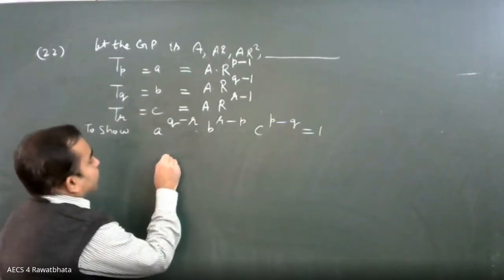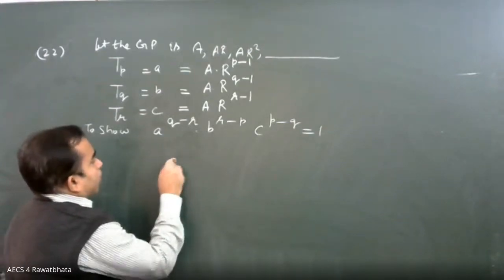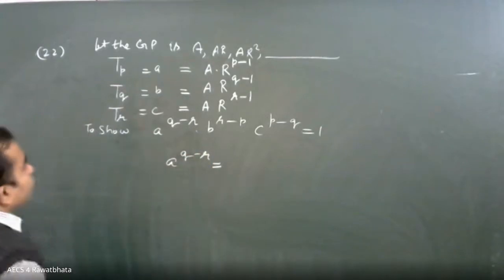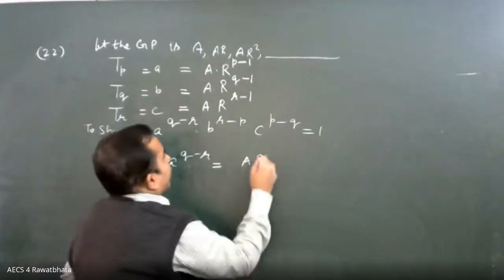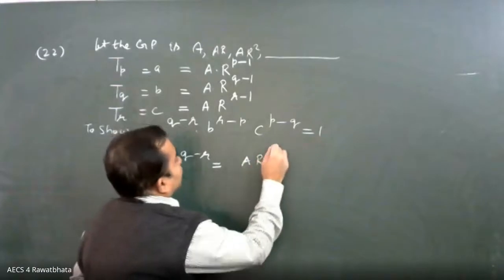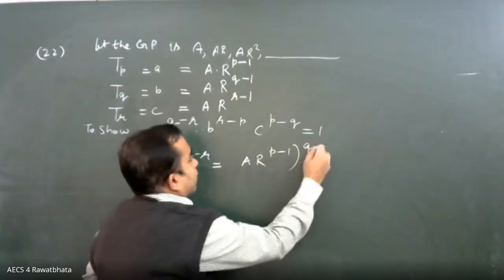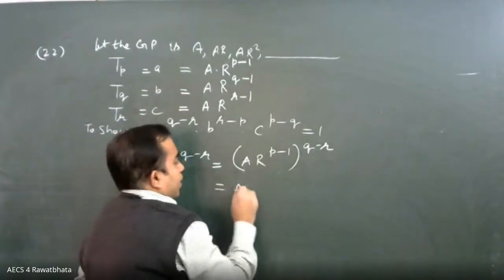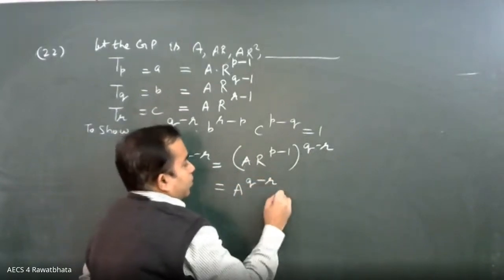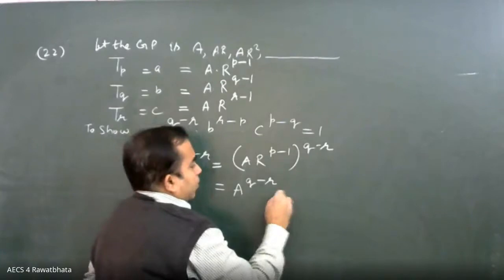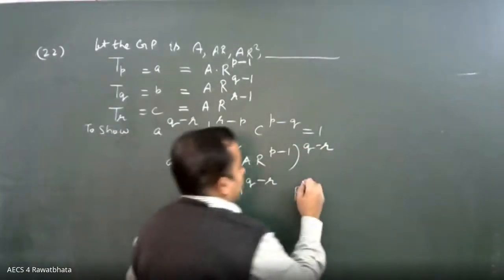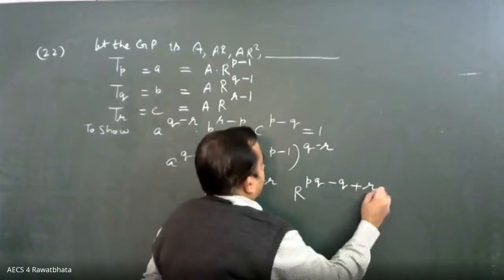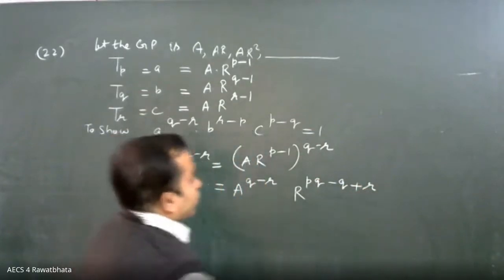Factor 1 मैं ले लेता हूं suppose a to the power q minus r, इसको मैं सिंप्लीफाई कर लेता हूं, putting the value of a, capital A capital R raised to power p minus 1 whole power q minus r. This will become capital A q minus r into capital R to power, then powers get multiplied, multiply them, pq minus q plus r minus pr.